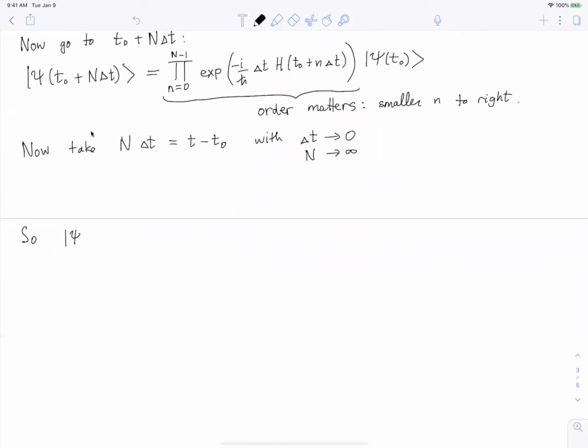That means psi at the time t is equal to the limit as N goes to infinity of a bunch of products, n equals 0 to capital N minus 1, of a bunch of exponentials, each one involving a Hamiltonian at a different time, unfortunately. And so all of that mess is acting on the initial state ket, psi of t0.